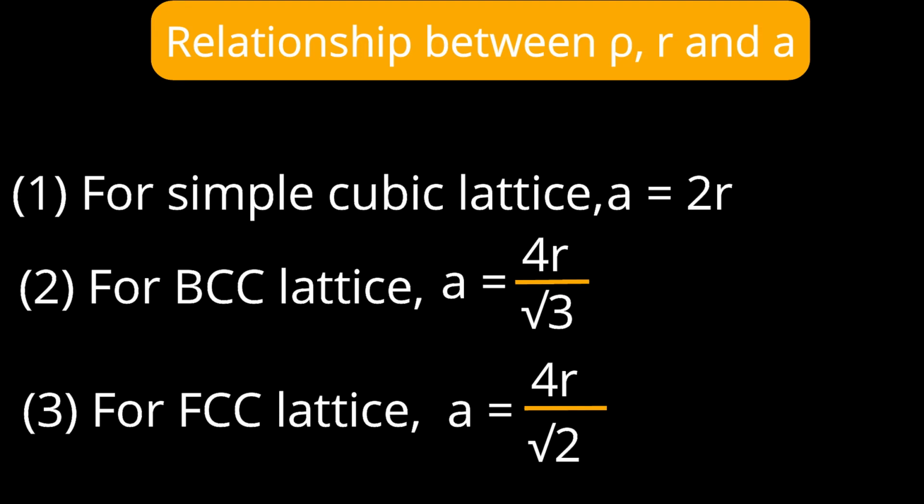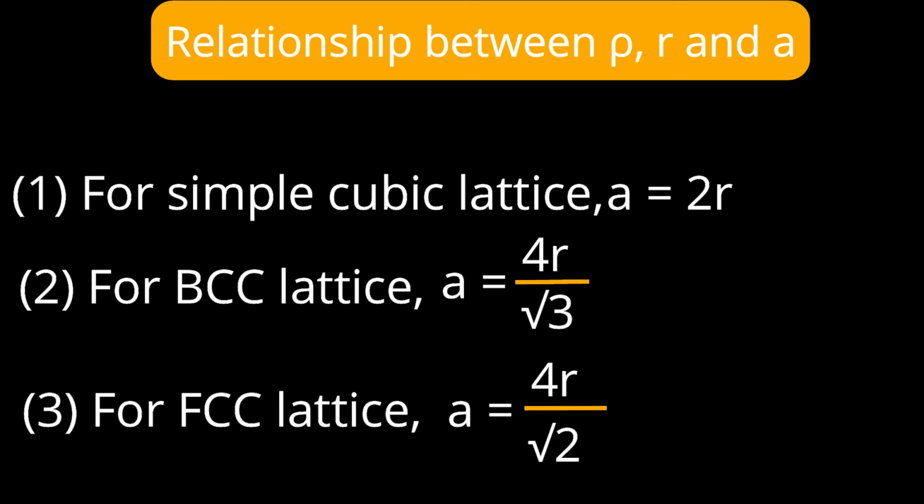Second crystal lattice type is BCC. In BCC, A is equal to 4R upon root 3. Why? Because in BCC, atoms along the body diagonal touch each other, and the body diagonal of a cube is equal to root 3 into its side, meaning root 3 a.